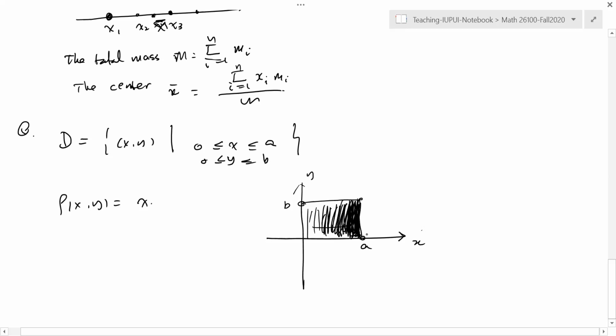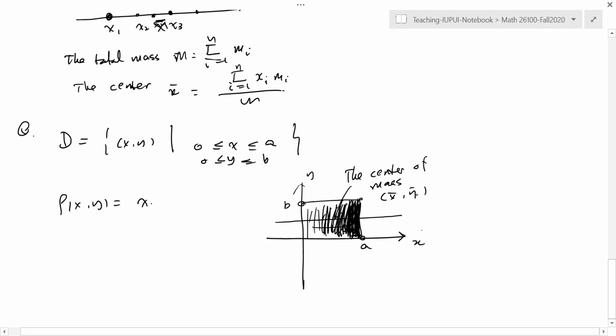So I guess the center will not be the middle. Before I solve the problem, I know the center must be on this middle line. So the center of mass will be x bar, y bar.